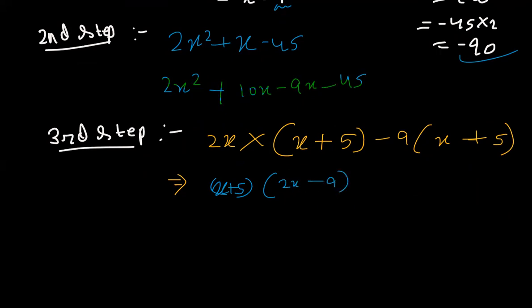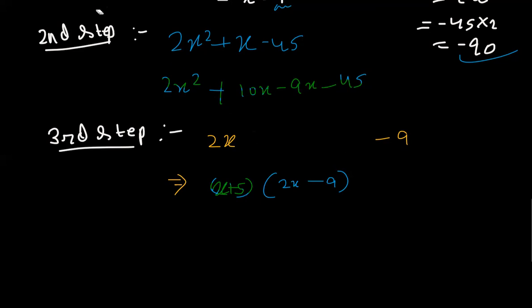Now, let me explain properly. If I take this 2 common, common means let us erase the 2 and we take those common. Here we wrote it. Now what is left out? 2x minus 9. The equal to sign we will erase.